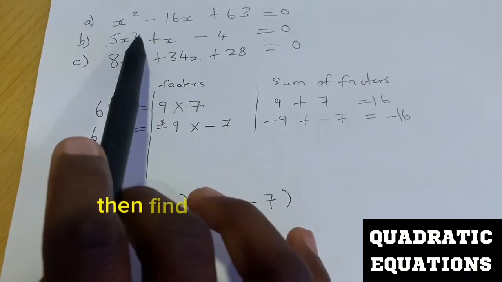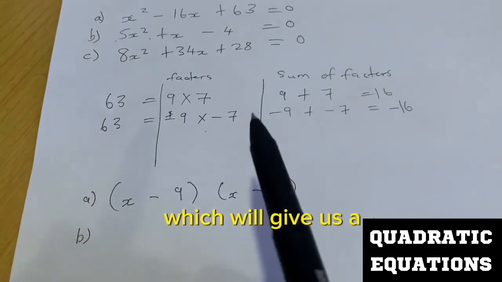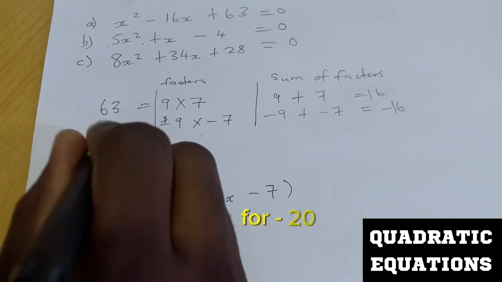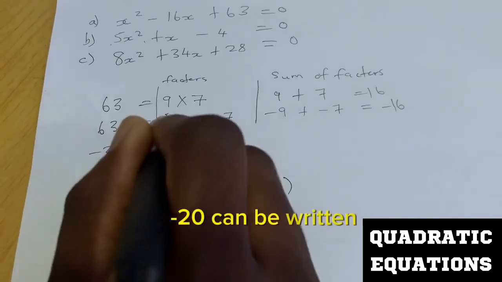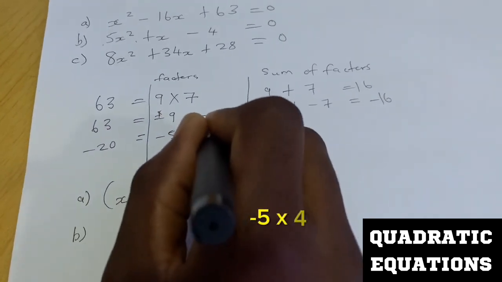Then find two factors of minus 20x squared which will give us a positive 1. So for example, minus 20 can be written as minus 5 multiplied by 4.